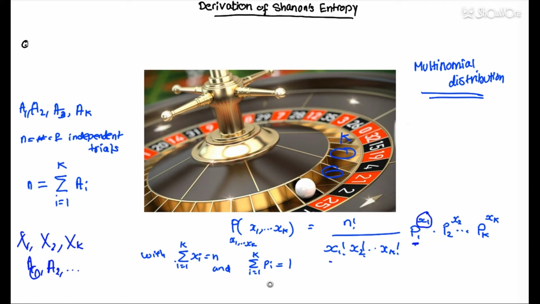This equation must satisfy two conditions. The first condition is that the sigma from i equal 1 to k, where k in our case is the number of possible outcomes, is equal to the number of independent trials, and the sum of the total probabilities is 1. Therefore, we can use this formula.